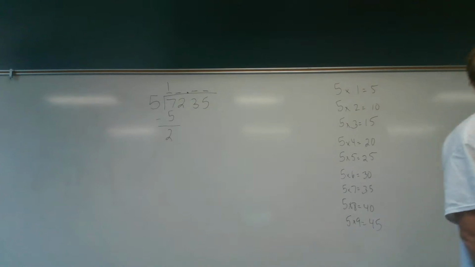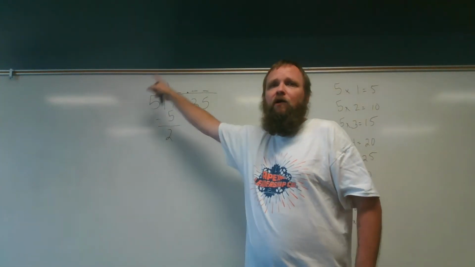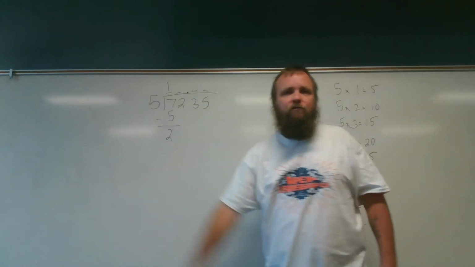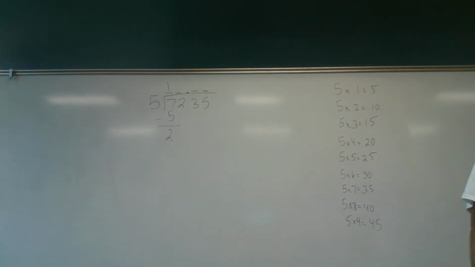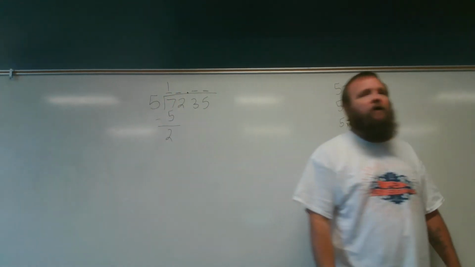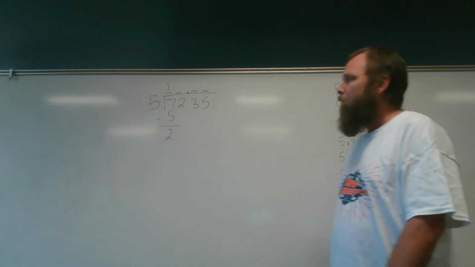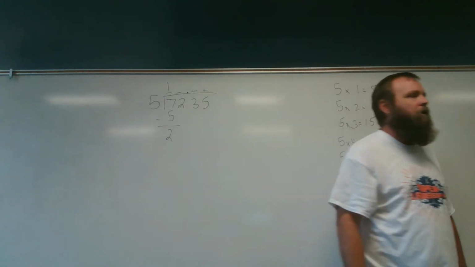I've already decided that because I got a 1 in the tens place. So my quotient is going to be less than 20. You getting this written down? I already know that.